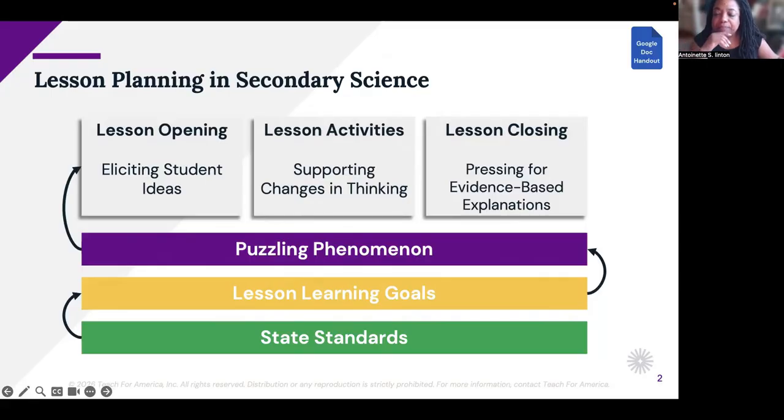And finally, we close the loop through evidence-based explanations. This is where students revisit their thinking and explain, what do I think now that's different than before? What evidence supports what I'm thinking? How has my thinking changed?